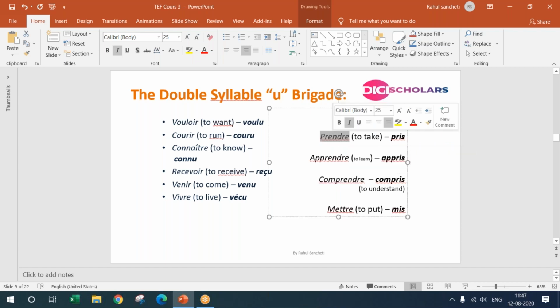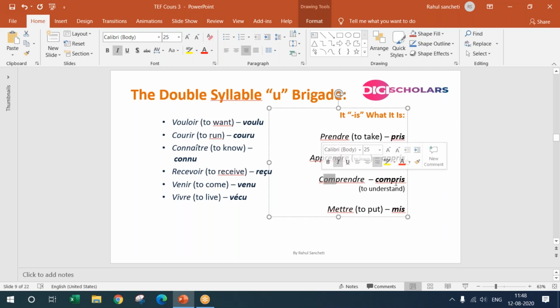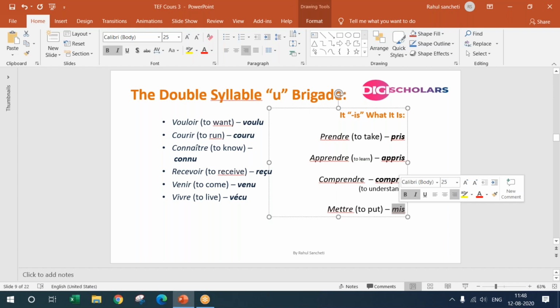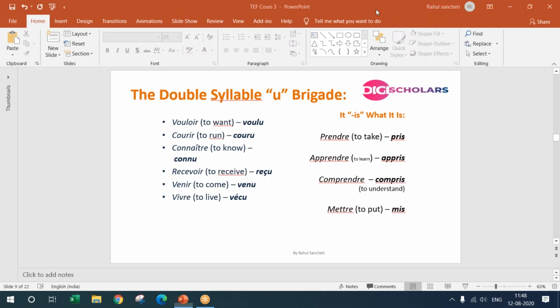So if you learn prendre, apprendre, comprendre, all of these will come automatically. You just have to add AP here, add COM here. So pris, appris, compris. Mettre is to put, mis is an exception, total exception. It is MIS. Any questions?